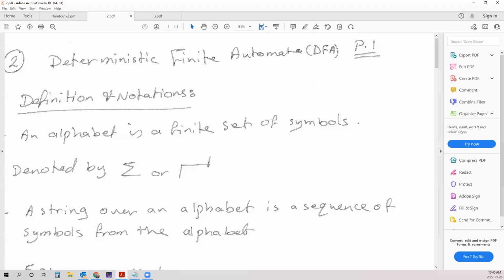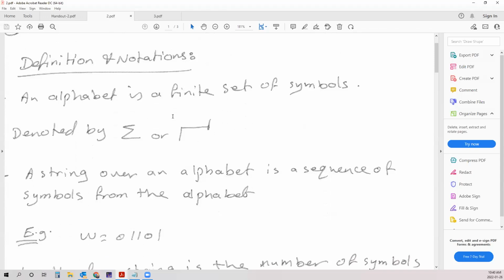Okay. So we talked about DFA or deterministic finite automata in last Thursday's class. So just as class notes, definitions and notations, what do we mean by those? It's like a quick revision. An alphabet is a finite set of symbols denoted by sigma, but we use sigma in our course and in our textbook.